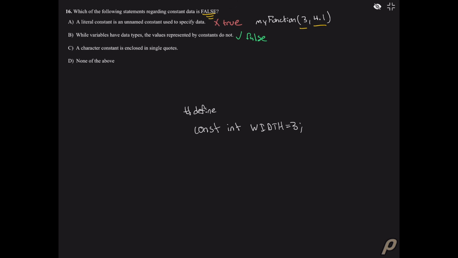This is just testing your knowledge, and this is actually true, as if you're trying to say char foo equals C, you just do one quote C. If you were to use double quotes, that would not work, because that is defining an array of characters, which is considered a string in other languages. So you have to use single quotes for a character constant. So we know that B is indeed our correct answer for this question.